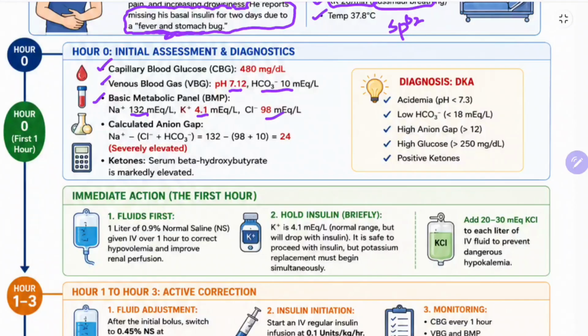We need these two. VBG is also done to know the bicarbonate and pH. Calculated anion gap: sodium minus chloride plus bicarbonate. So 132 minus 98 plus 10, so 24. Very much elevated. Okay, the anion gap is very much elevated.